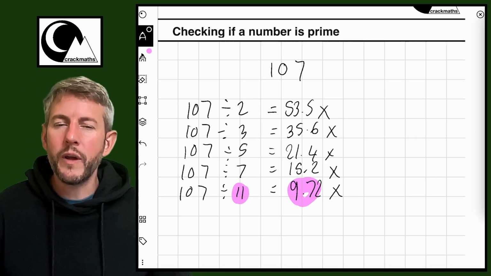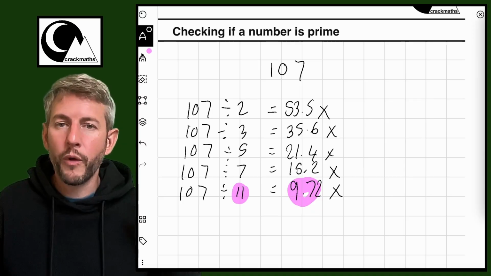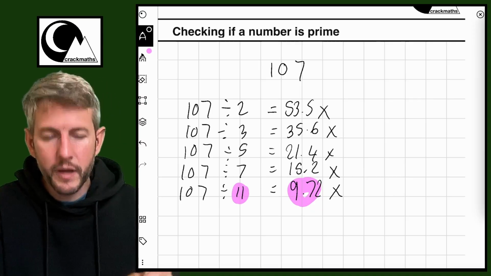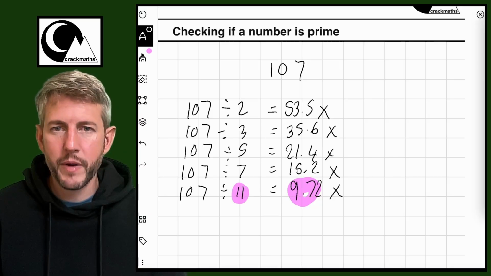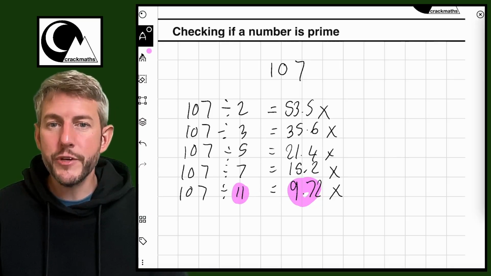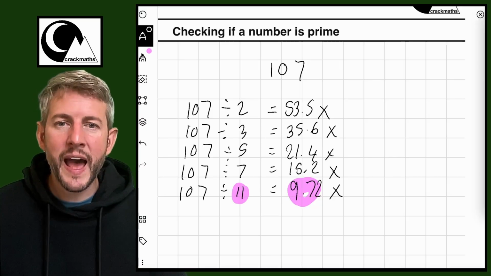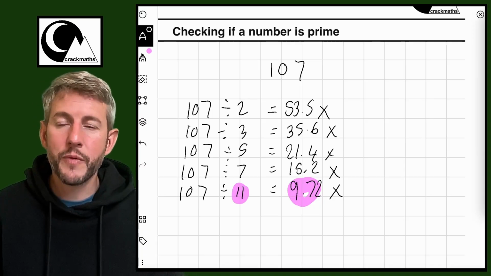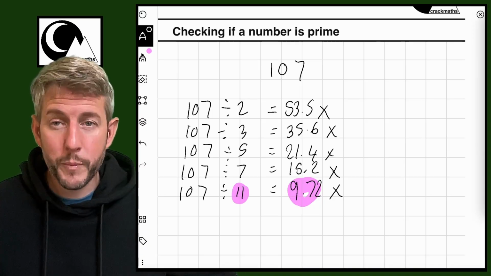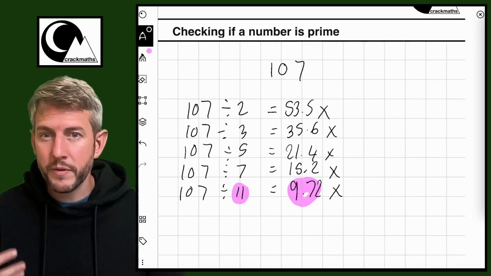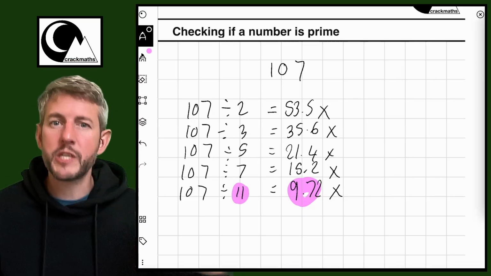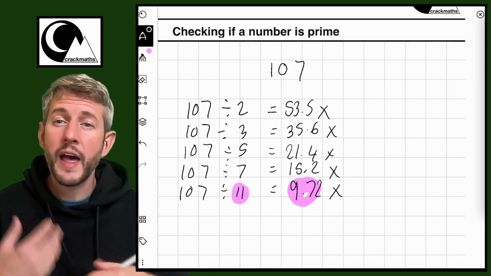So we know now, if we've got to this point, that 107 is a prime number because it's not divisible by any of the prime numbers up to 11, and when we do divide it by 11, we get an answer smaller than 11. So therefore if we continued, there would be no point because we'd be looking at 13, which should give us a number close to 7. We'd look at 17, which should probably give us a number closer to 5, and so on like that.